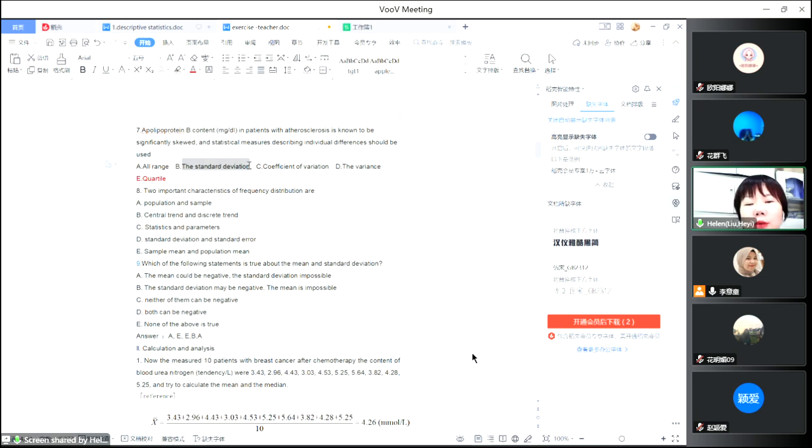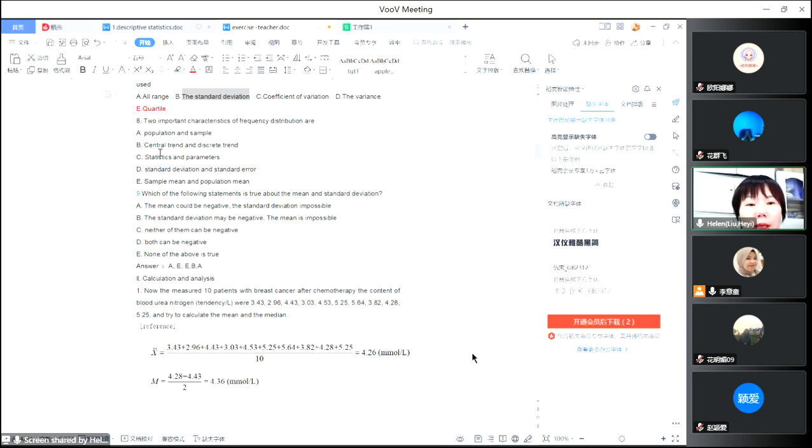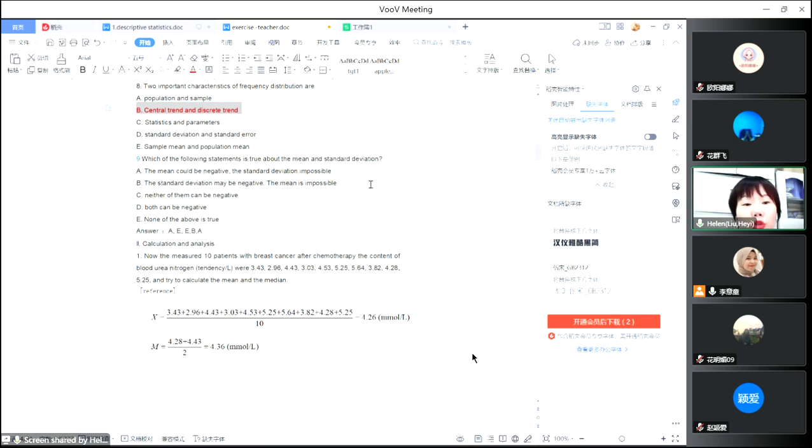Standard deviation is suitable for normal distribution. Okay, 8. B. Yes, we just learned the central tendency and the dispersion tendency in chapter 2.